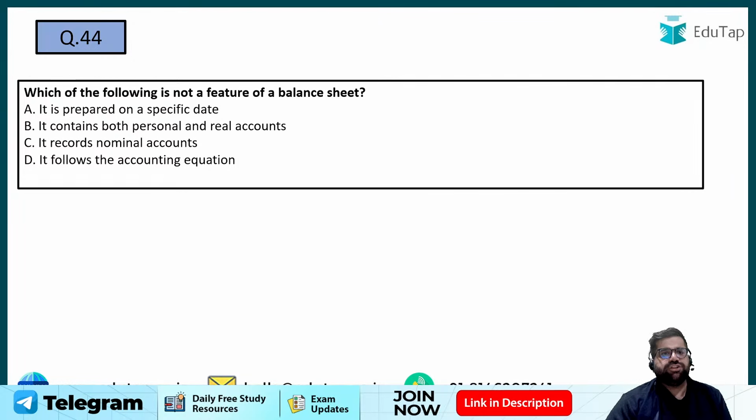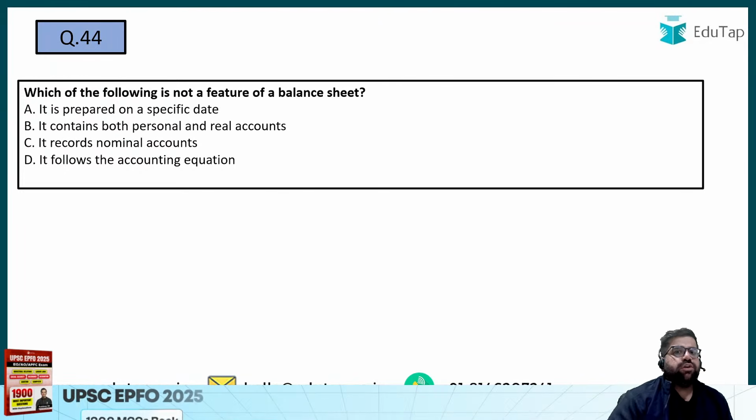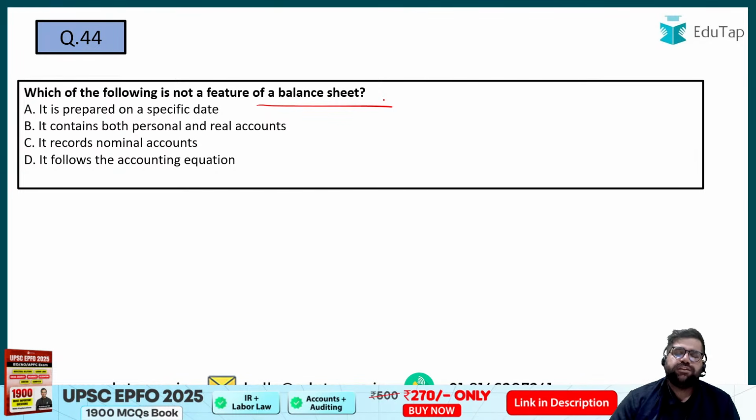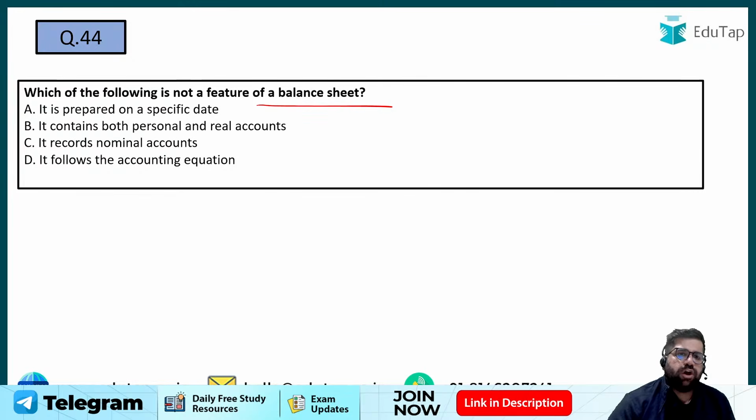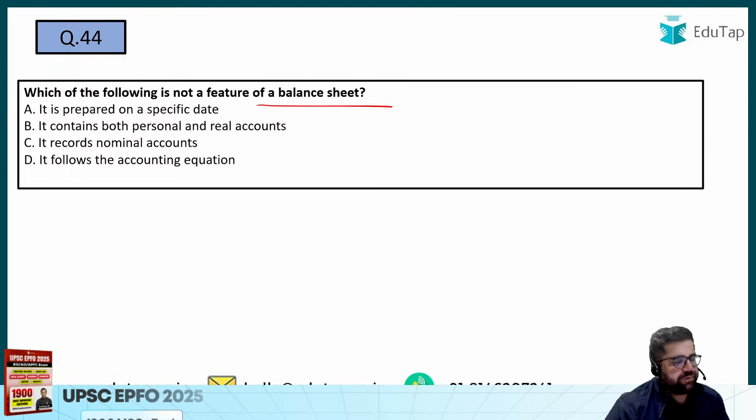Okay, next question. Which of the following is not a feature of balance sheet? Prepared on specific date, it contains both personal and real accounts. It records nominal accounts also. It follows the accounting equation. Please tell me the right answer for question number 44.